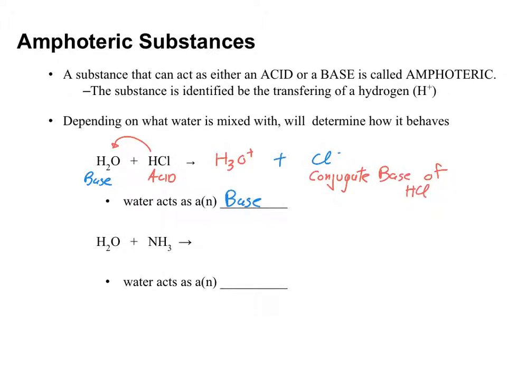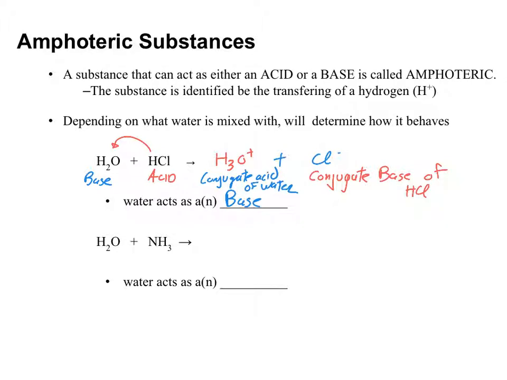That is the conjugate base of HCl. As a result, the H3O plus most looks like water, so this is going to be the conjugate acid of water.